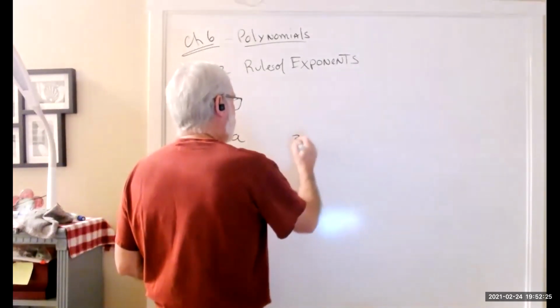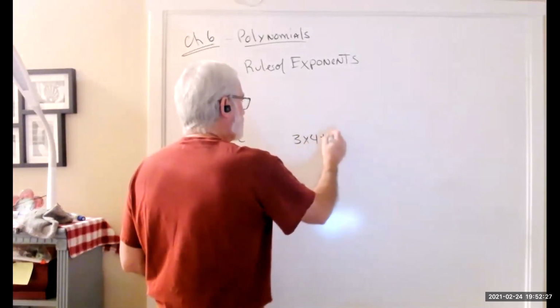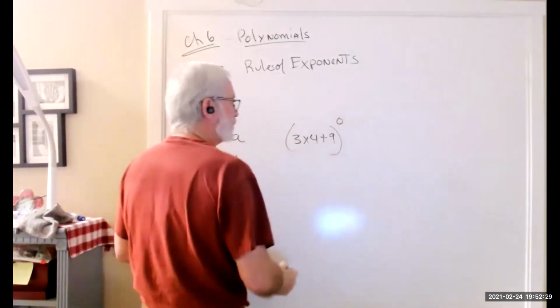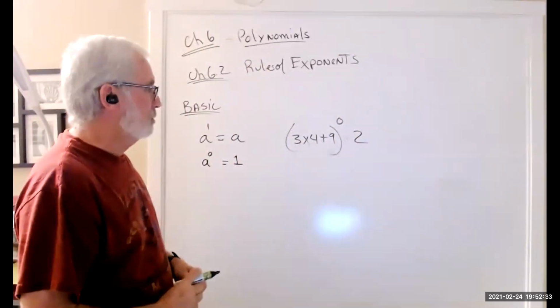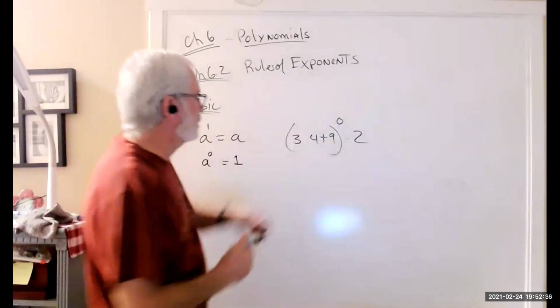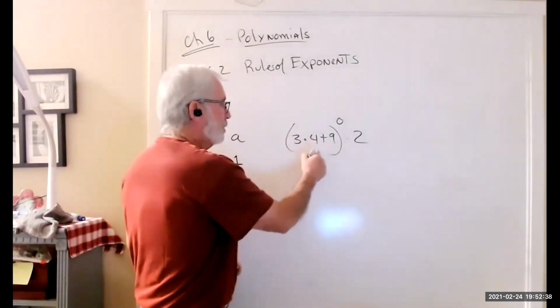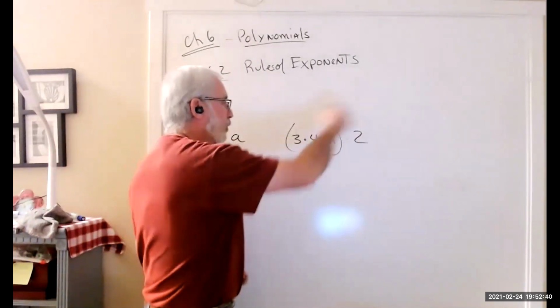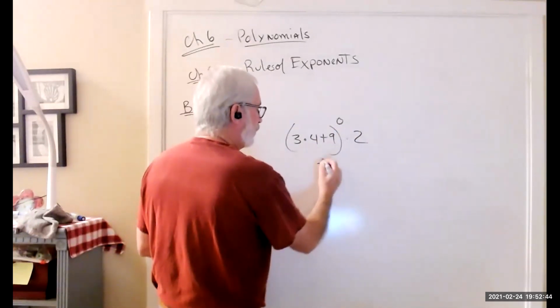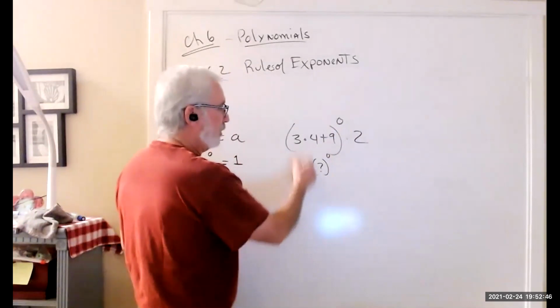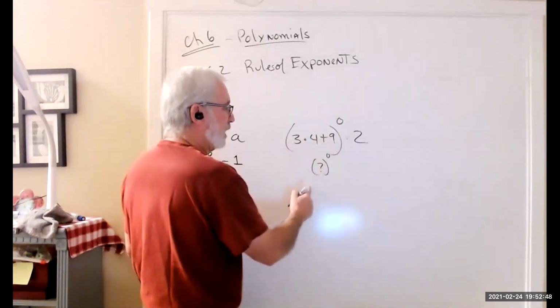So for example, if you have, I don't know, 3 times 4 plus 9, quantity raised to the 0 power times 2. So we have 3 times 4 plus 9, quantity to the 0 power. Then whatever this is, I don't care. It doesn't matter what 3 times 4 plus 9 is.